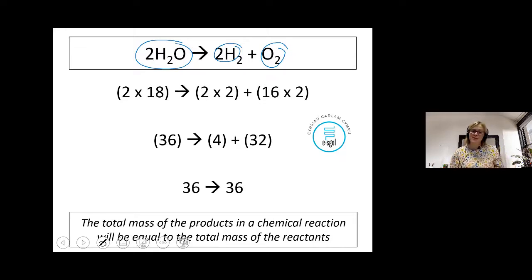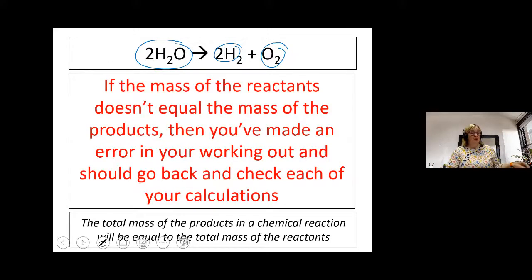And that's why balancing is so very critical. You have to be able to confidently balance these, because otherwise you are trying to break the laws of science, because no atoms can be made nor destroyed in any chemical reaction. That's the reality. So if the mass of the reactants doesn't equal the mass of the products, then unfortunately that is an indication that you've made an error somewhere in your working out.